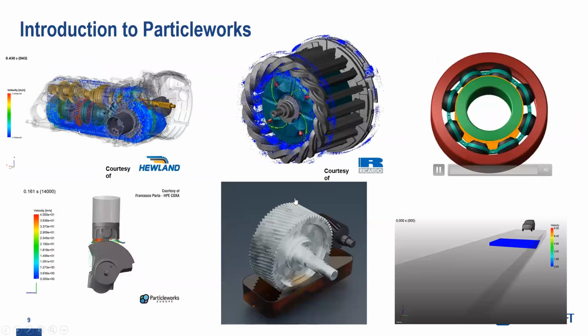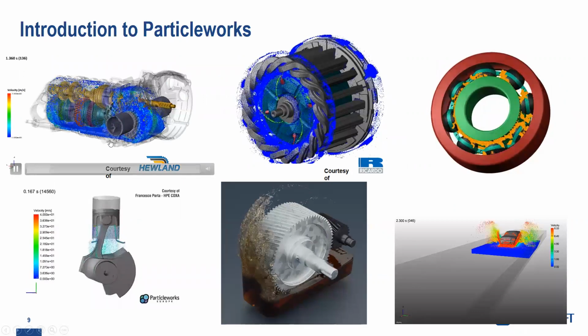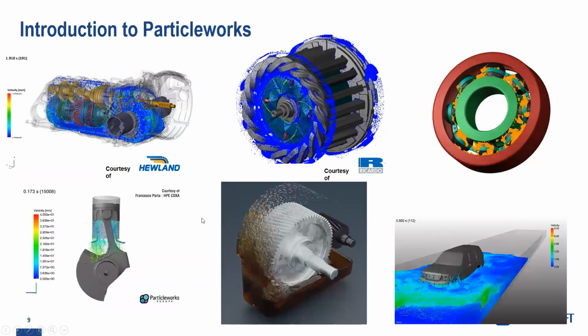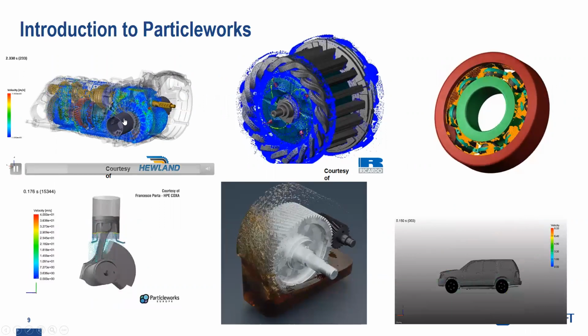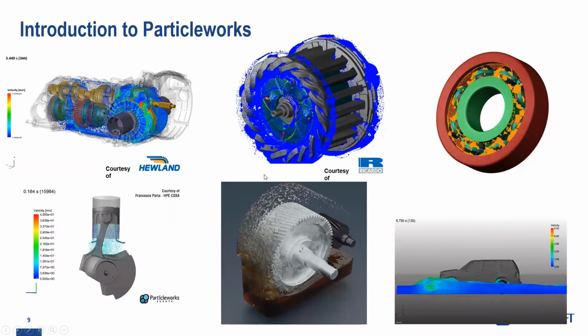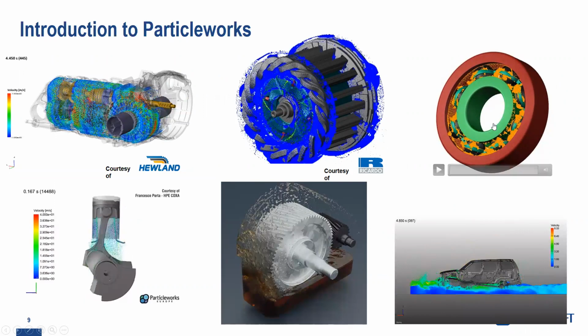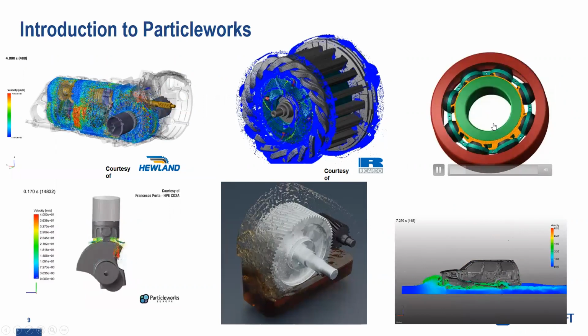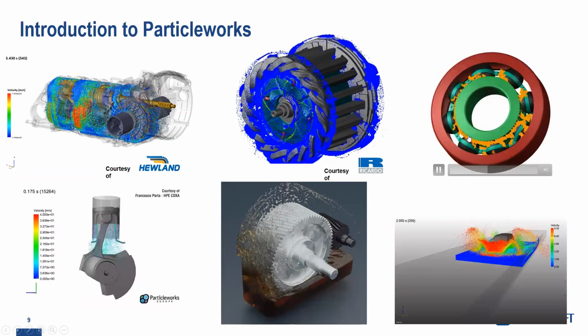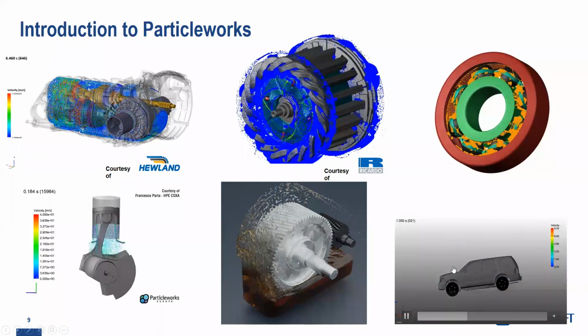The conventional applications of Particleworks are shown here. We have the automotive sector with sloshing or lubrication of gearboxes or e-motors. We have also piston cooling applications and, let's say, grease modeling for bearing lubrication. So we can deal also with non-Newtonian flows.